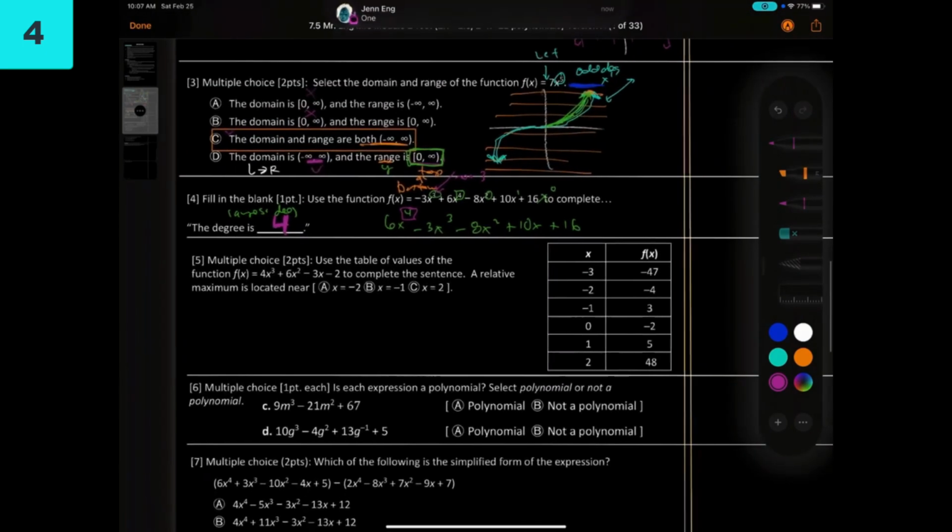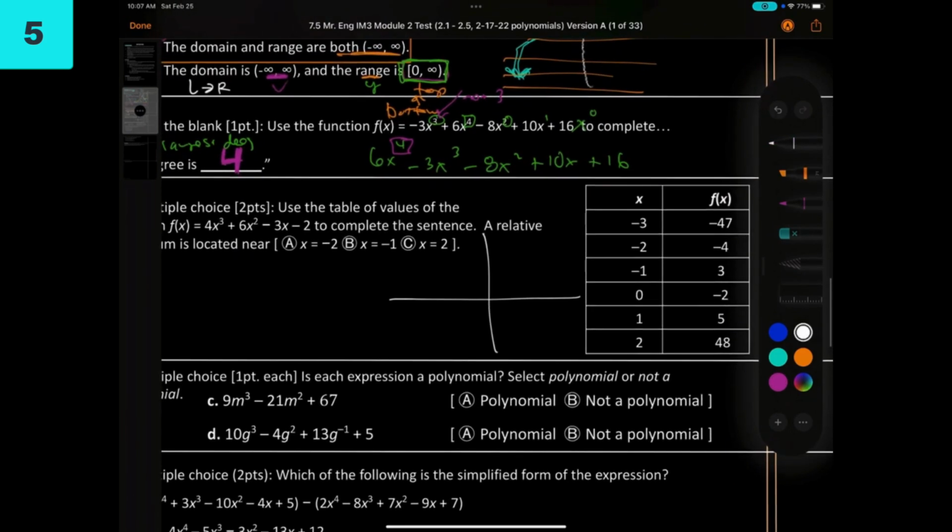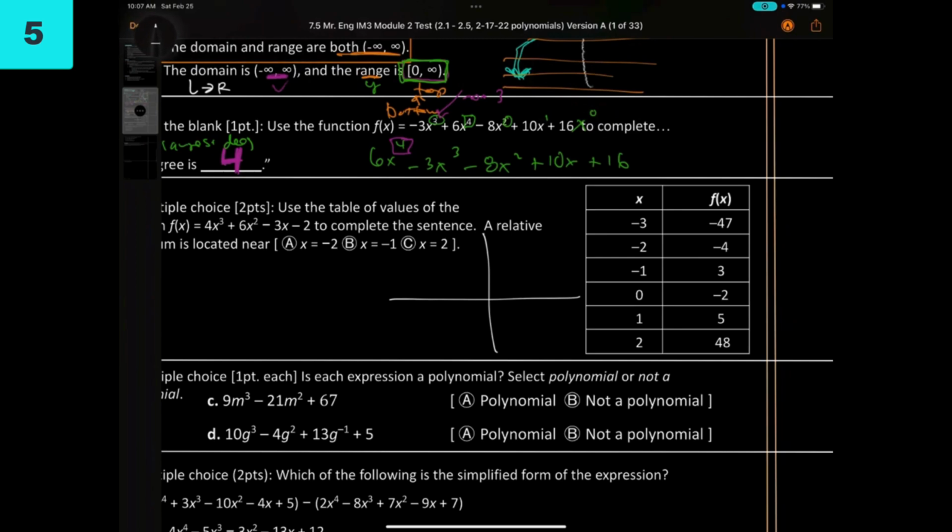Okay? Number 5, use the table of values for the function f of x equals 4x to the third plus 6x squared minus 3x minus 2 to complete the sentence. So again, this test was meant to be done without a graphing calculator, so you can just literally take this function and graph it. Run it up here.